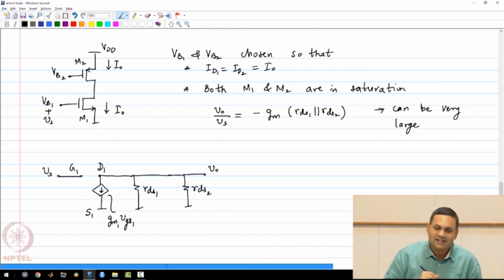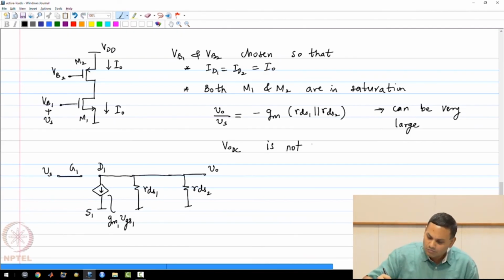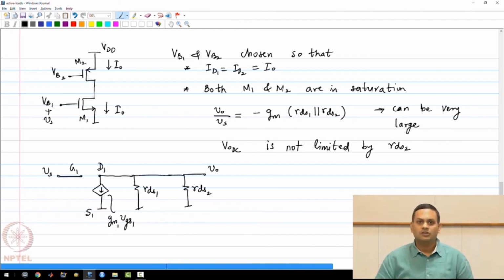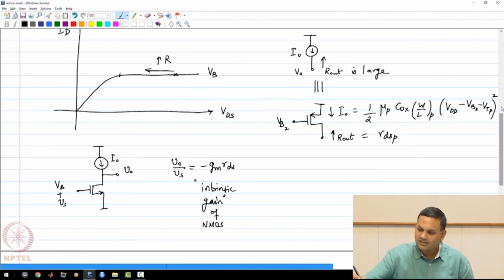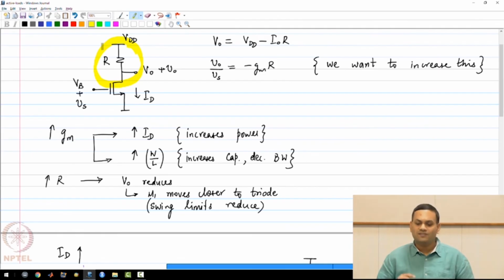What about the bias point? Please note that the output voltage VODC is not limited by RDS of the PMOS transistor. So this is an important distinction compared to the case with the resistor, where the output DC voltage was related to the value of the resistance.